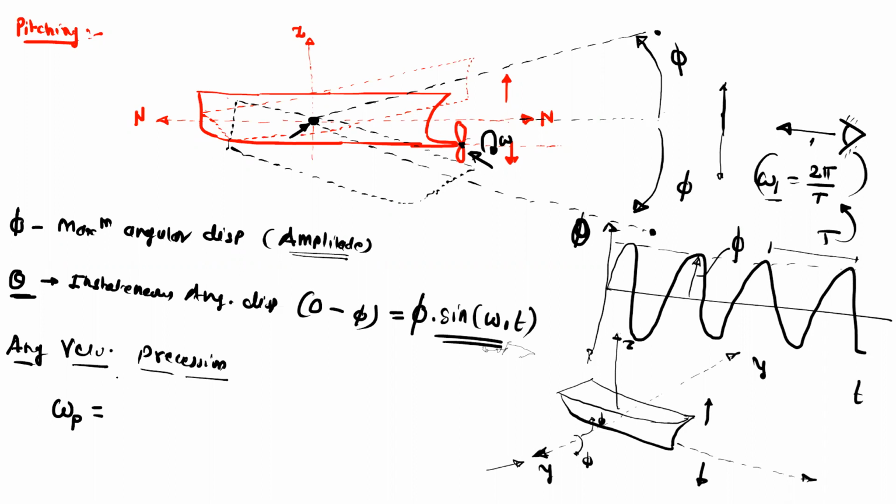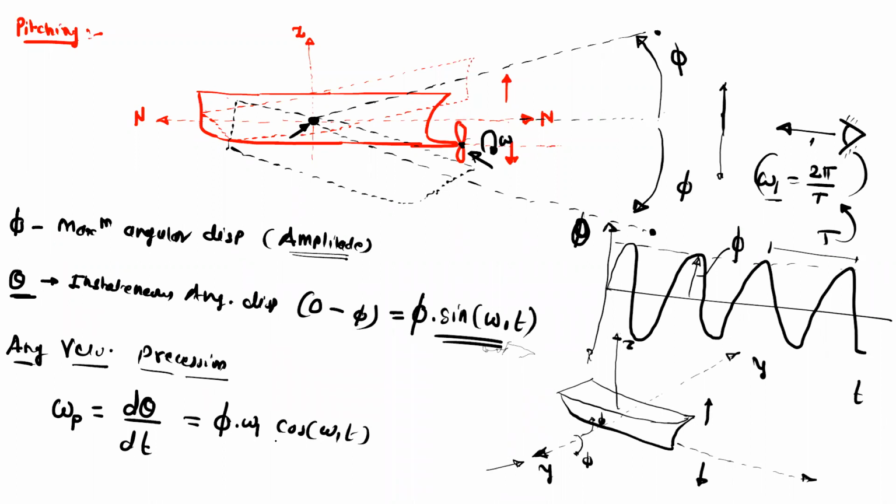Now here omega p, that is the angular velocity of precession, we can find out by differentiating this equation, which is d theta upon dt. If we differentiate this equation, we will get phi into omega 1 into cos omega 1 t. Now we are only interested in the maximum velocity of precession.